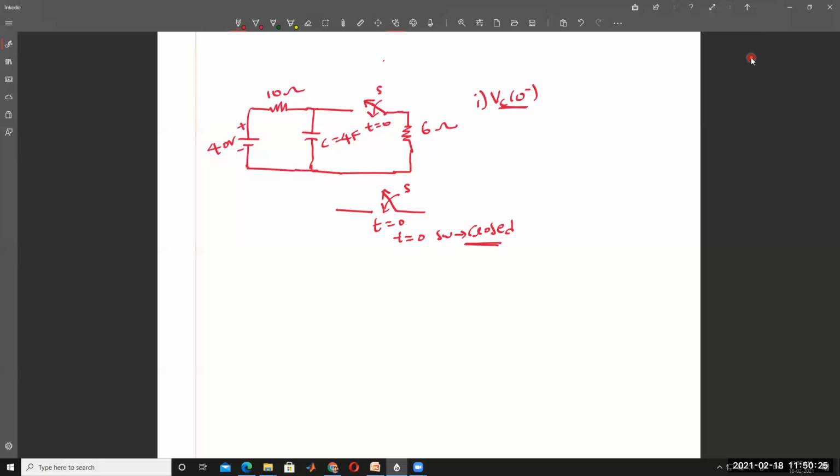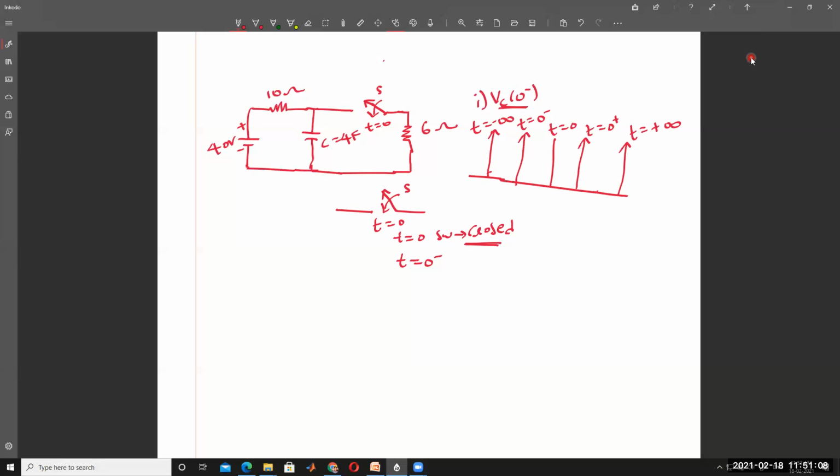That means at t = 0 minus, the switch is open, and at t = minus infinity also the switch is open, and at t = 0 plus the switch is closed, and at t = plus infinity also the switch is in closed condition.